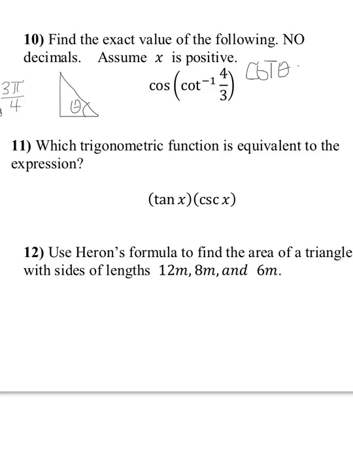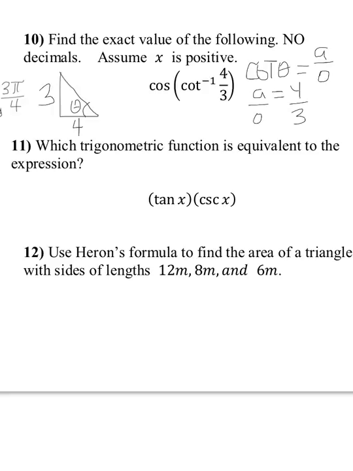So cotangent of theta is going to be adjacent over opposite. So if adjacent is 4 and opposite is 3, then I can draw a triangle that represents theta where my side adjacent is 4 and my side opposite is 3.